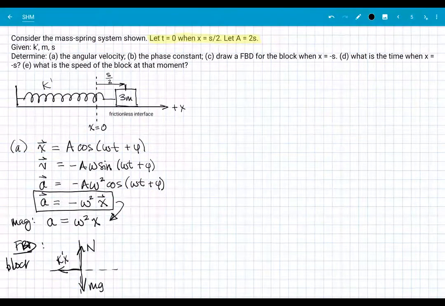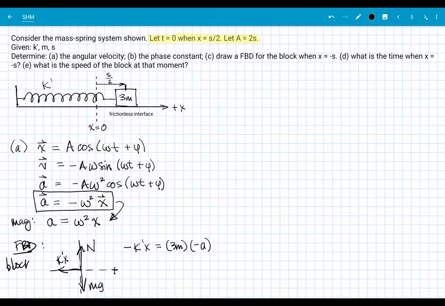So if I have rightward positive here and apply the second law, what do I get? Negative K prime x is equal to 3m times negative a, right? Because I know that my acceleration is also to the left, since I have a net force to the left.